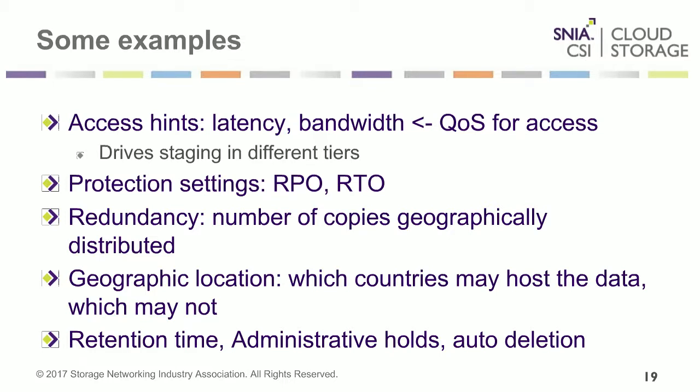And then that automation that's sitting behind that metadata interface, if you will, is going to drive the staging. You can lower the latency hint or lengthen the latency hint, and that means the cloud can move it to some cheaper, slower storage. Bandwidth is another QoS hint, and it can tell you how fast you need to be able to serve up that data.